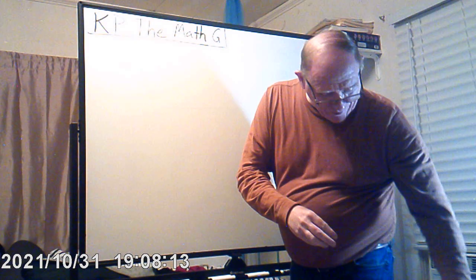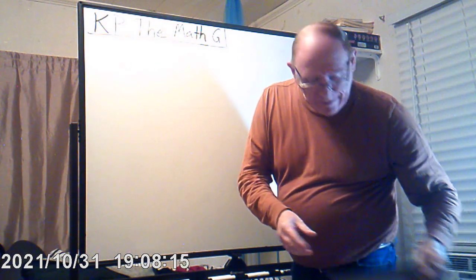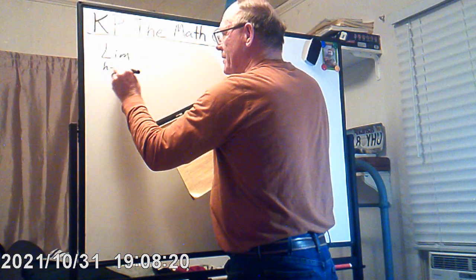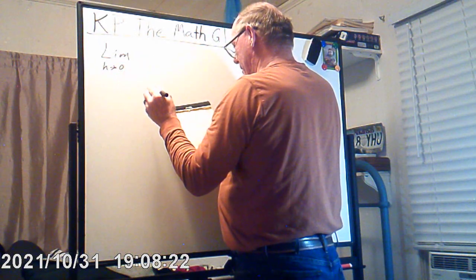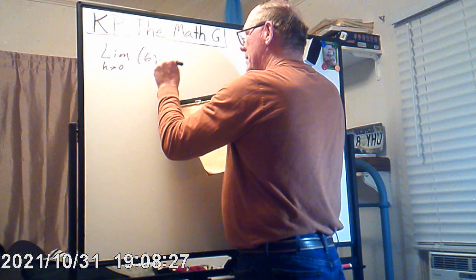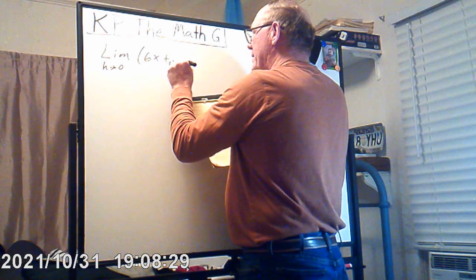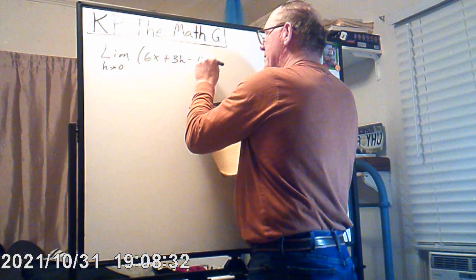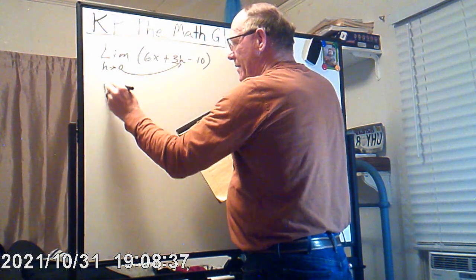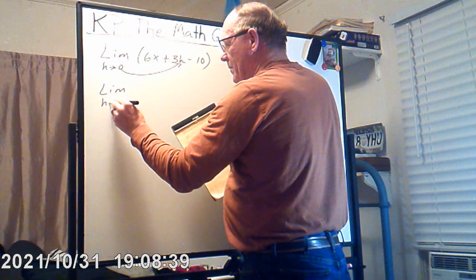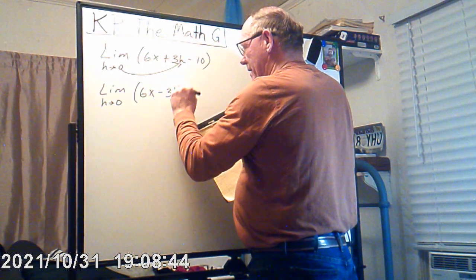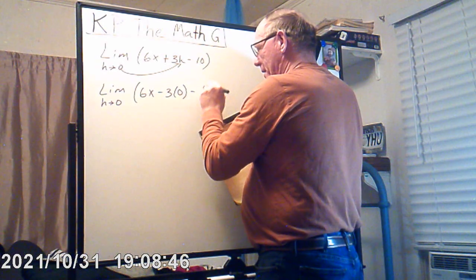Here we go. We've got the limit as h approaches 0 of 6x plus 3h minus 10. This is looking really good now. If h is 0, we say the limit as h approaches 0 of 6x plus 3 times 0 minus 10.